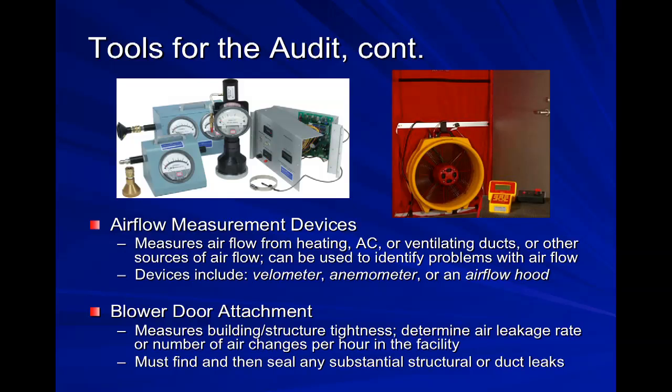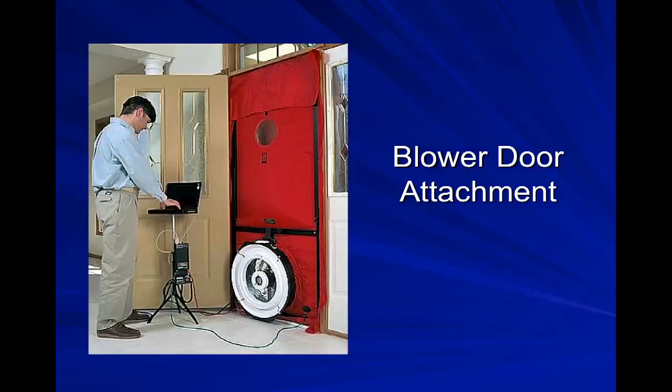Airflow devices. What we see on the right is a blower door attachment. In this case, we're going to fit that, and we'll see on the next screen that we're going to put this blower door in the facility, and we're going to blow air out of the facility. And we'll measure the rate at which it's escaping.